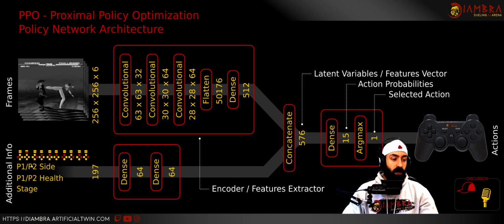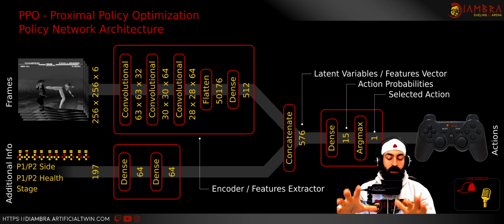At the same time, the vector describing previous actions is a vector that represents, in particular, the last 12 actions performed by the agent, by the algorithm. So since we are representing not 12 as in the other live, but 15 actions, this is the reason why the number of additional info increased from 161 to 197.